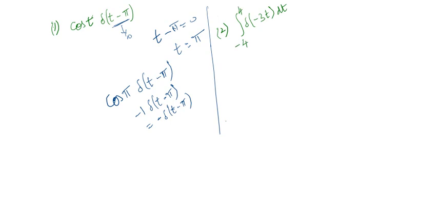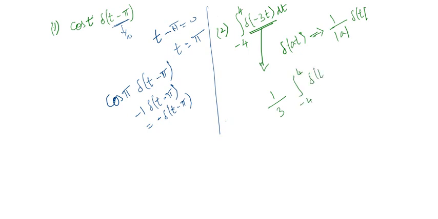And we know a property: delta of at is nothing but 1 by magnitude of a, delta of t. Similarly, I can write this as 1 by magnitude of minus 3, which is 3, delta of t dt. This integration is 1. So the answer is 1 by 3.